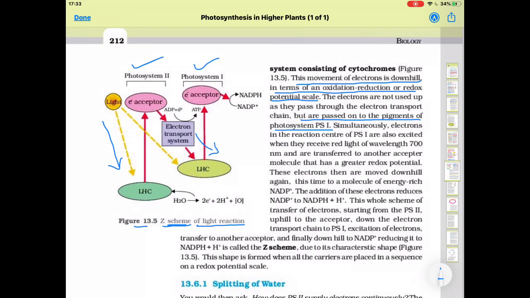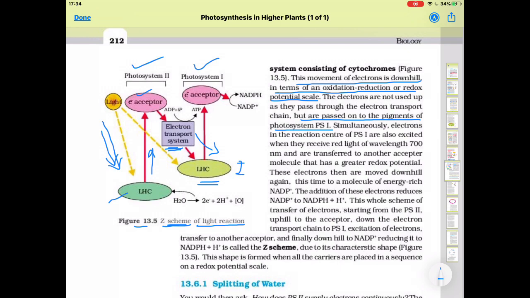So when light falls on the LHC, that is the light harvesting complex of photosystem 2, the electrons become excited and are accepted by another electron acceptor. Then this electron moves through the electron transport system, ETS, and passes to the light harvesting complex of PS1.